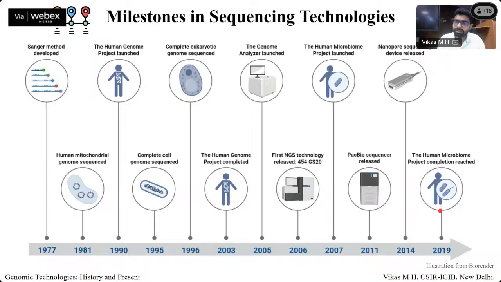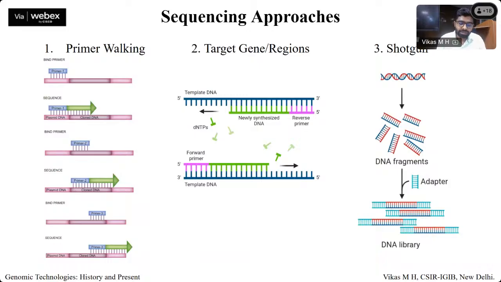And today, we have completed the Human Genome Project and the Human Microbiome Project, and NGS technology has been developing more than ever. So the sequencing technology has been going through a lot of changes.